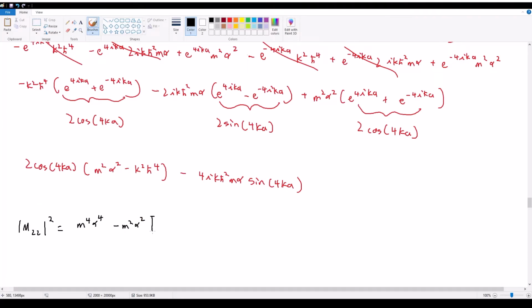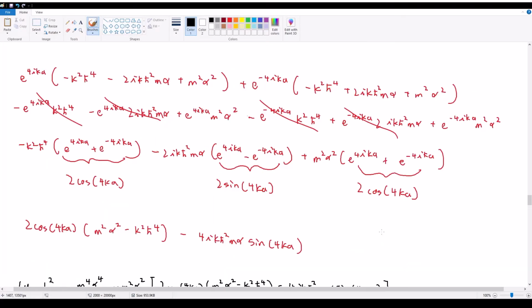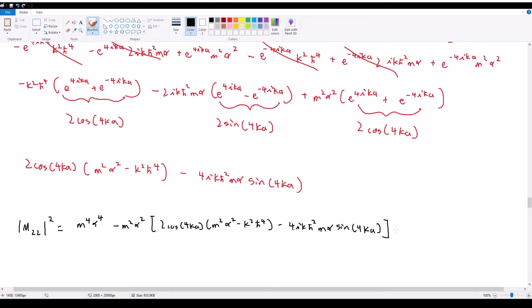So 2 cosine 4ka m squared alpha squared minus k squared h bar fourth minus 4ikh bar squared m alpha sine 4ka, and then added with ikh bar squared plus m alpha squared times ikh bar squared minus m alpha squared.